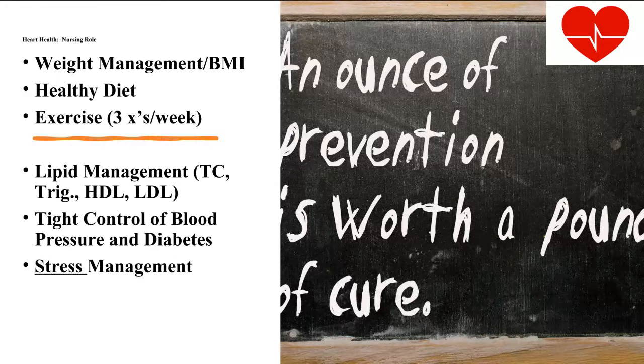So weight management, obviously, having an appropriate BMI, a healthy diet, and that depends on what's going on with you. What does a healthy diet mean? If you don't have any health concerns, it surely means a minimum of 5 servings of fruits and vegetables per day, having lean meats, incorporating more plants into our diet, aerobic exercise 3 times per week. And that doesn't mean you have to run 10 miles. It means that you have to get your heart rate up for at least 30 minutes 3 times per week.